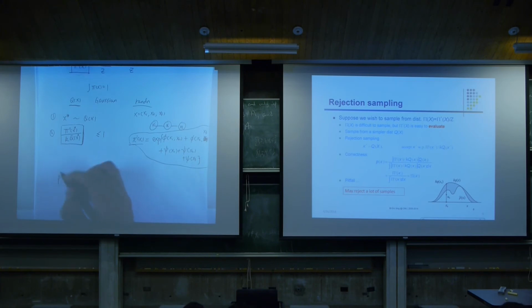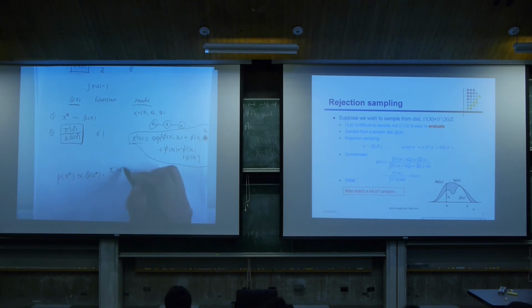Now we compute its probability. P(x star) is proportional to Q(x star), right? Because it is drawn from Q(x). And multiplied by the probability of acceptance, π'(x star) over k Q(x star).